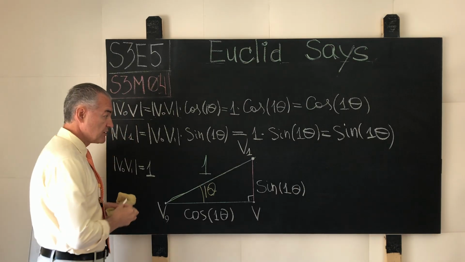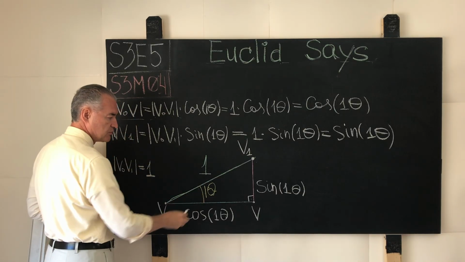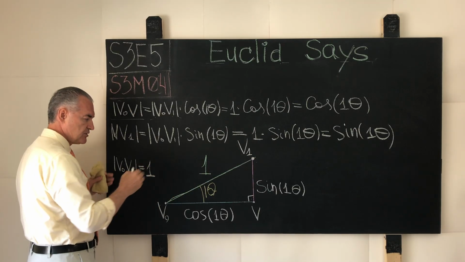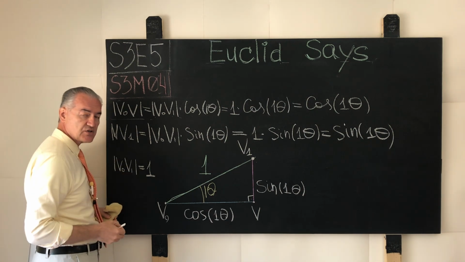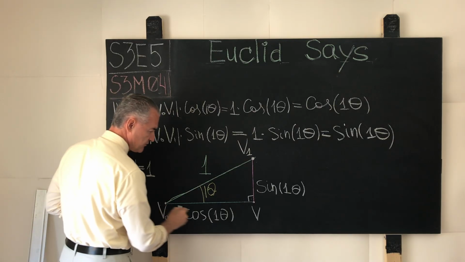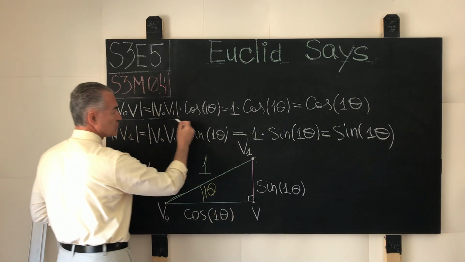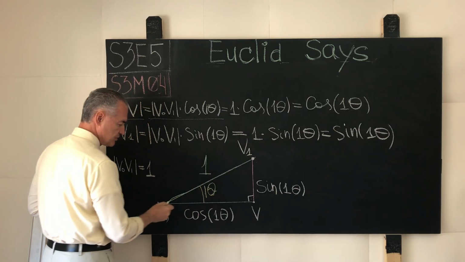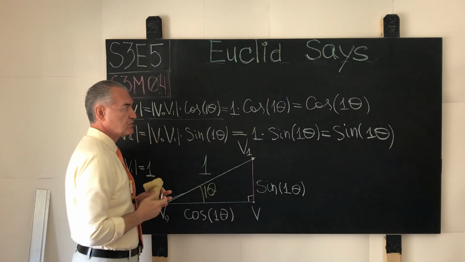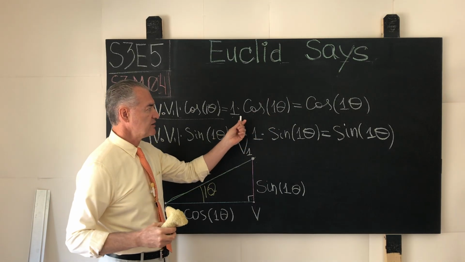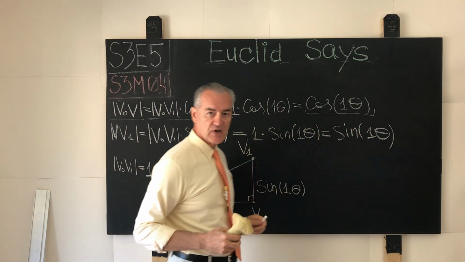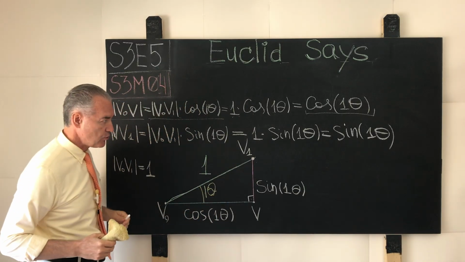As you guys guessed already, there will be more such triangles, and the angle there will be exactly 2 theta, 3 theta, 4 theta, and so on. But based on the middle school definition, the length of the line segment V0V is the length of the hypotenuse, 1, times the value of cosine evaluated at the angle 1 theta, which is numerically this trigonometric function as if it is sitting here all by itself.